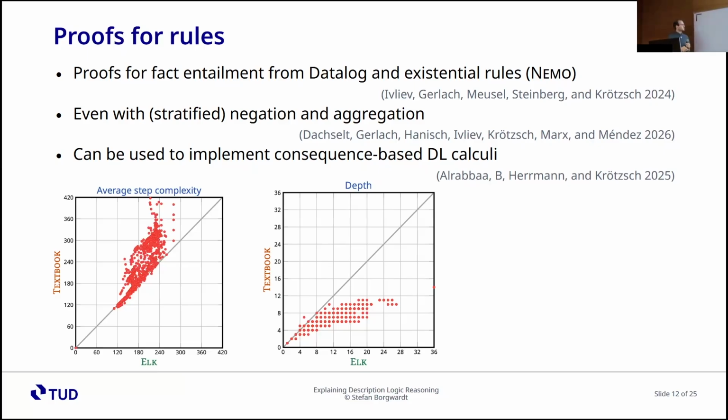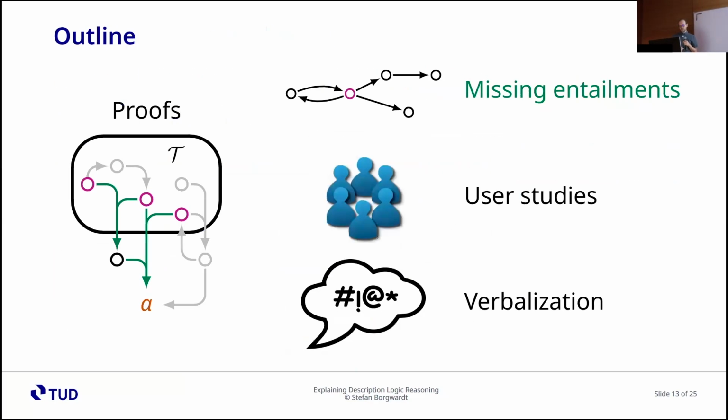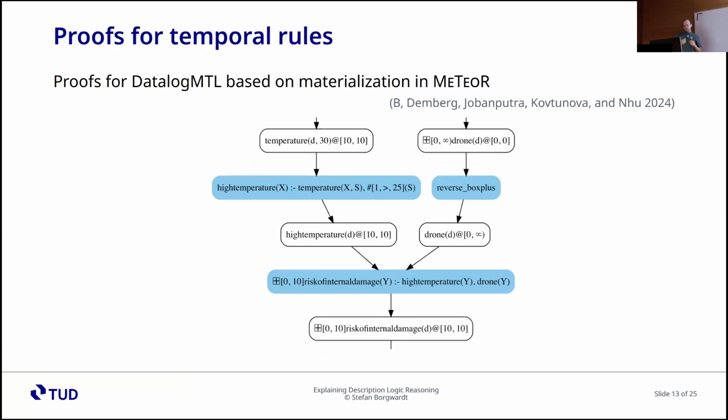And then we find out, for example, that the proofs from the calculus from the introduction to DL textbooks are generally of higher step complexity, but they have lower depth, for example. Again, for the details, you have to ask later or look in the paper.